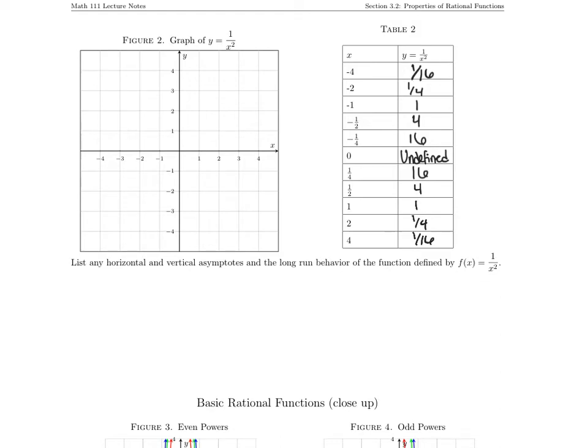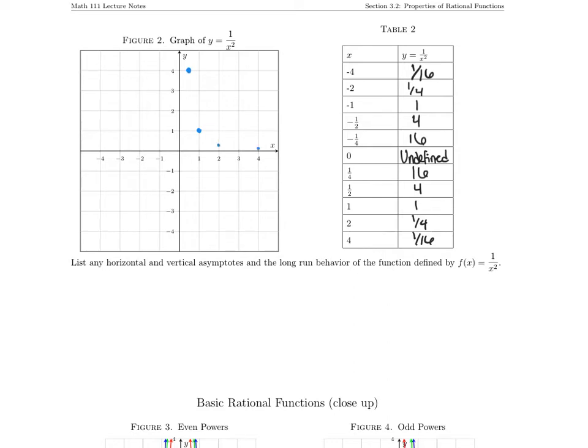So when I graph this, it still has that weird curve to it, but is just a little extra special. Now we're not going to be able to graph all of this because 16 definitely goes off the graph, but that's okay. I think we'll still get a good idea of what we are looking for. So let's see, this goes about here. 2 is 1/4, 1/16. We'll say that's there.